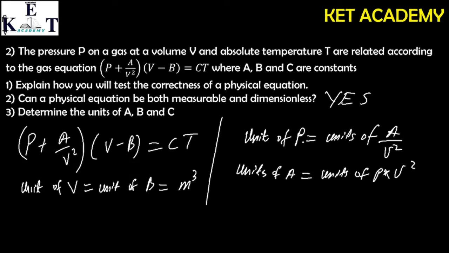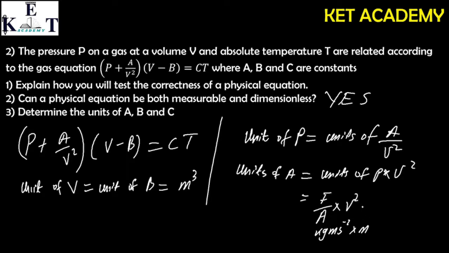We're told that P is the pressure. We know that pressure is the force per unit perpendicular area, so pressure can be written as force over area, and the volume term is V squared. The unit of force is kilogram meters per second squared. V is a volume, which is measured in meters cubed.